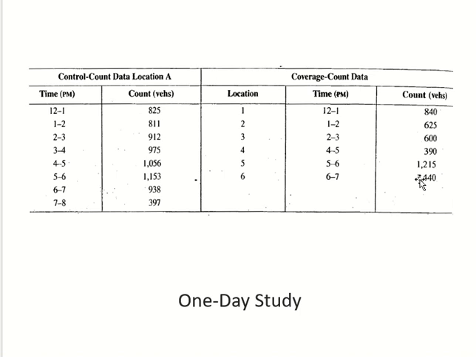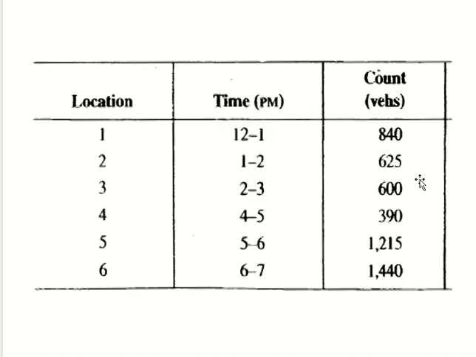So we calculated factors which we call expansion factors. For each hour we calculated the expansion factor, which was the traffic of that hour divided by the total. Then we use the expansion factors to convert the hourly volume into the 8-hour count.